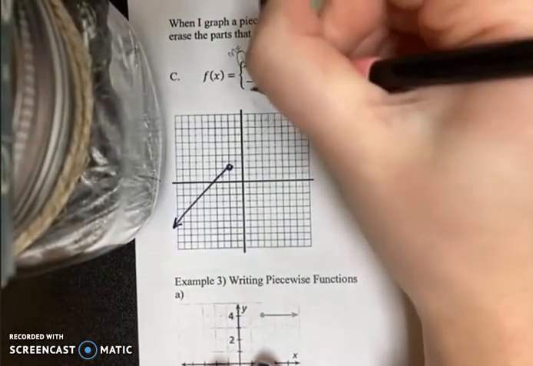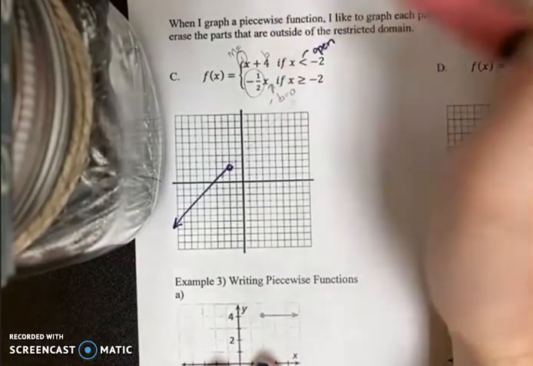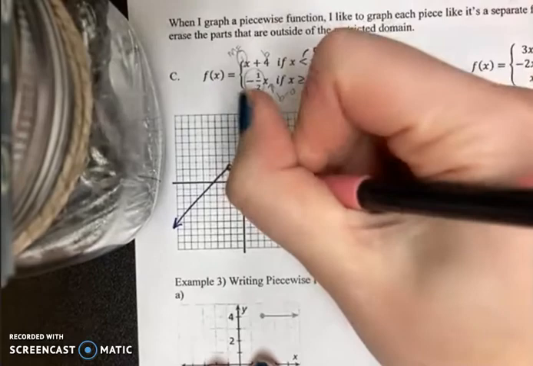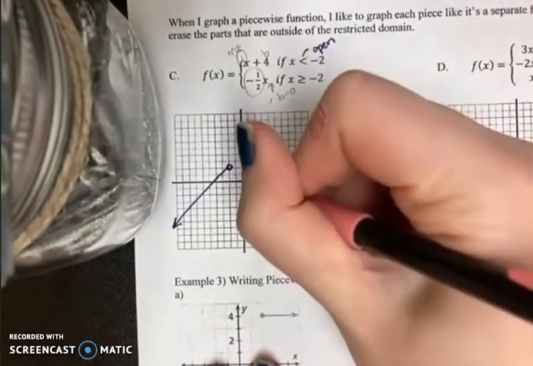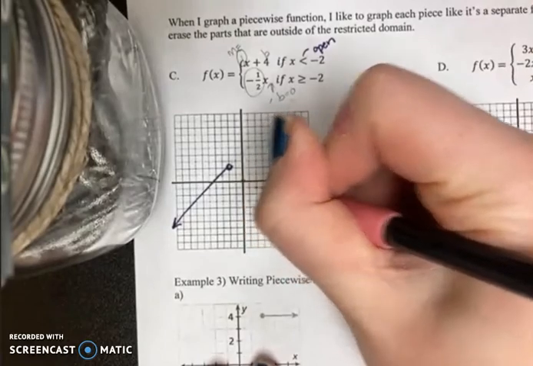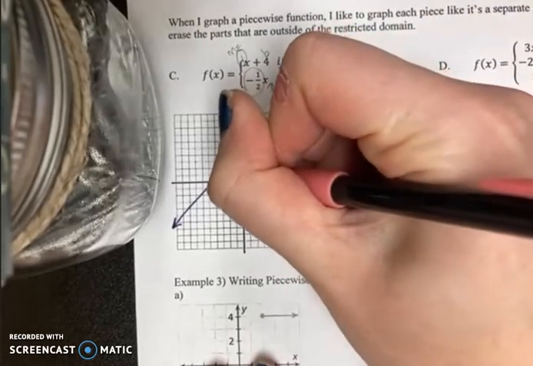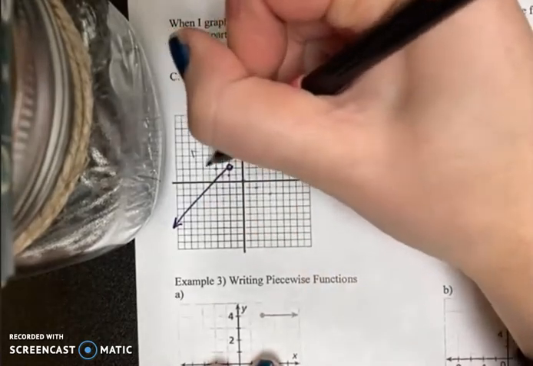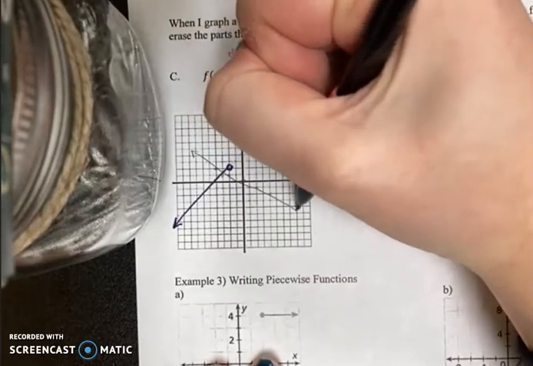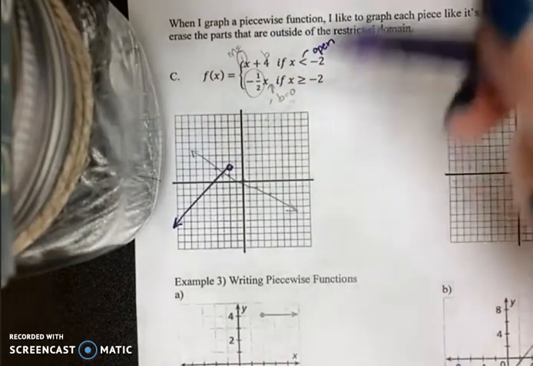And then for the second equation, here's my slope, and it doesn't have a b, so I know that it's 0, meaning it starts at the origin, and the slope is -1/2, so down 1, right 2, down 1, right 2, or up 1, left 2. Plot as many points as you need to get a good line. I'm very bad at drawing lines, as you can tell.